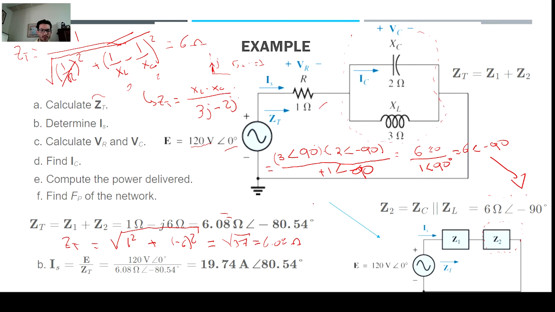And then the angle is going to be tangent inverse of 6 over 1. So tangent inverse of 6 divided by 1, 80.539 or 80.54.